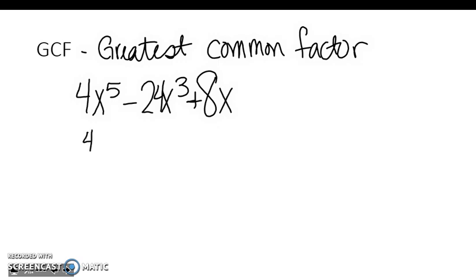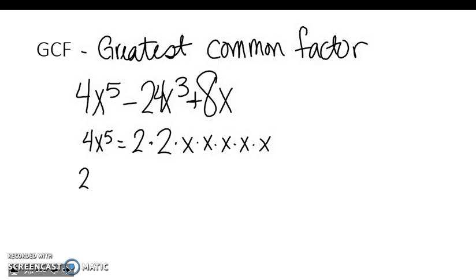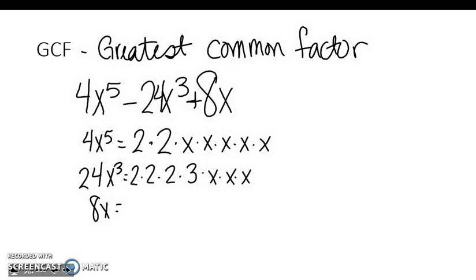So we're going to break this apart. x to the 5th is going to be x, x, x, x, x. 24x cubed is going to be 4 times 6, which is 2 times 2 times 2 times 3. And then 8x, notice I left the negatives off because we could make any one of these negative. 2 times 2 times 2 times x.